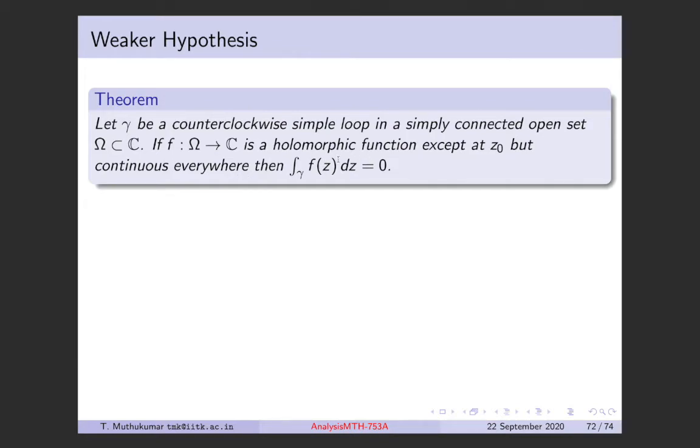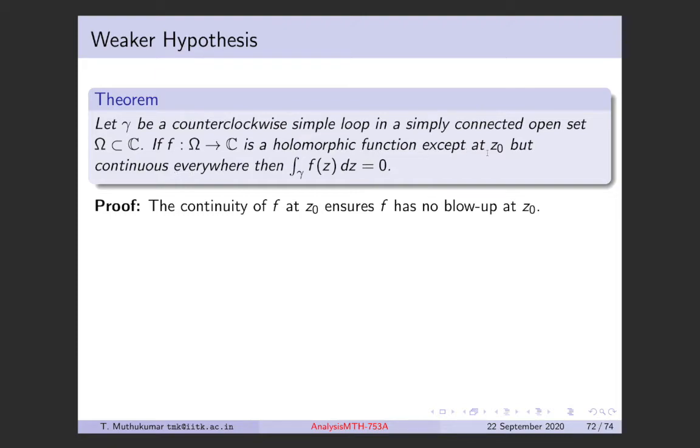What you see here is that f being continuous at z0 ensures that, though it fails to be holomorphic at z0, it's not undefined or infinity there. It's a nice point in the sense that in a neighborhood of z0 the function is bounded, because continuity ensures that.